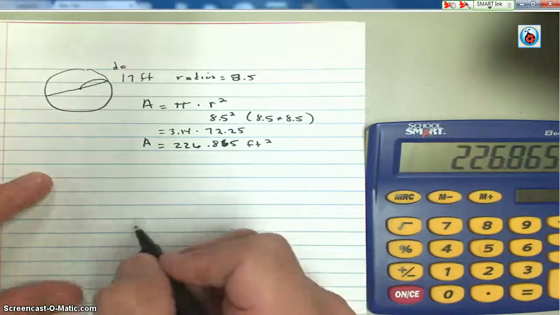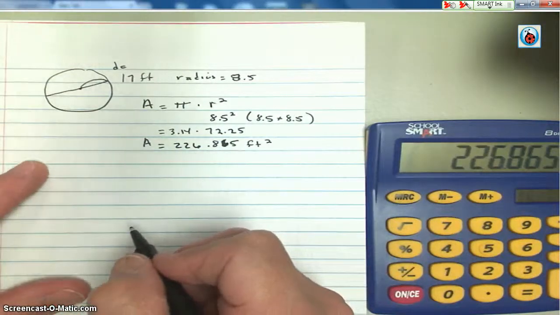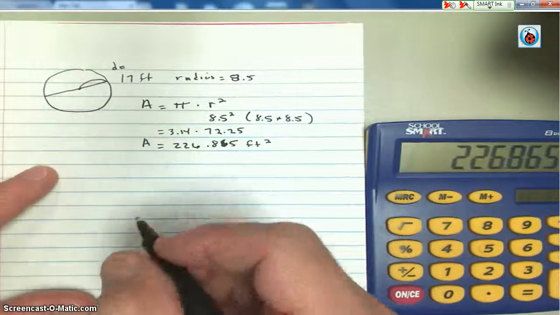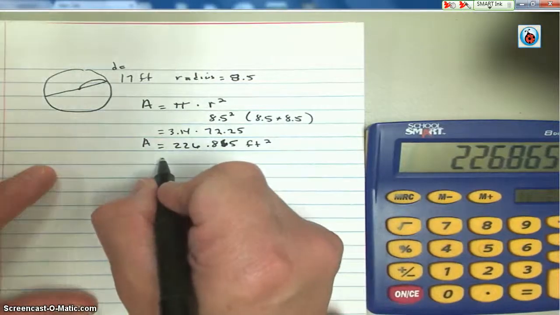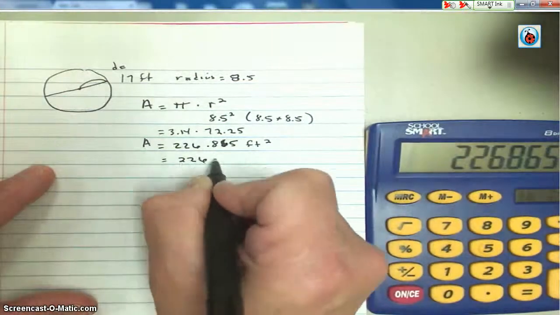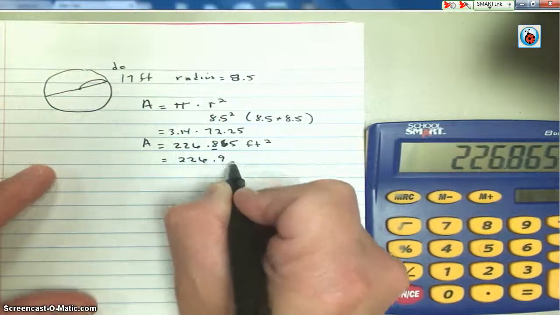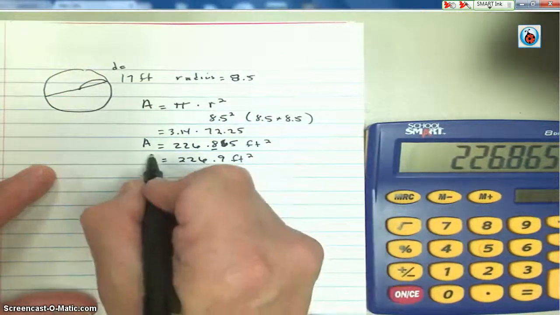And again, in many cases we probably are going to be asked to round this to the nearest tenth or so, and so if we rounded this to the nearest tenth, we would get 226.9 feet squared, since it's closer to 9 tenths.